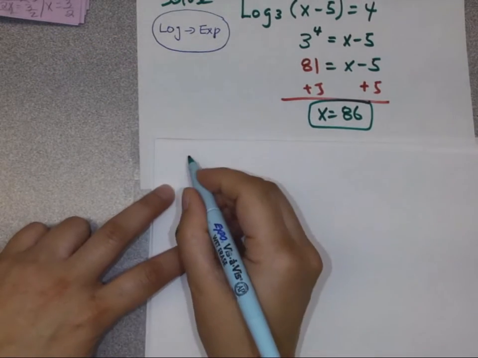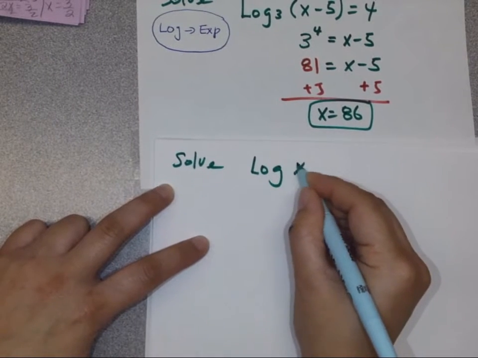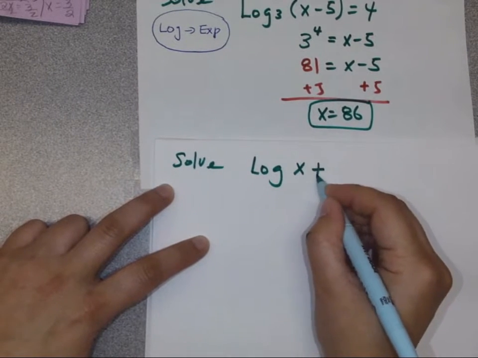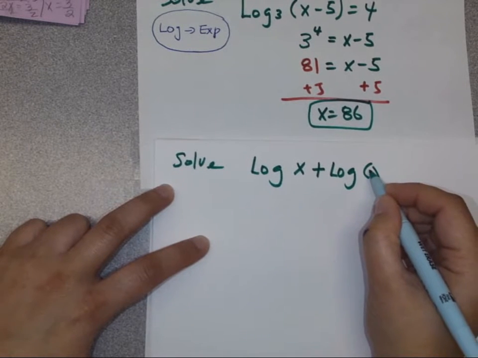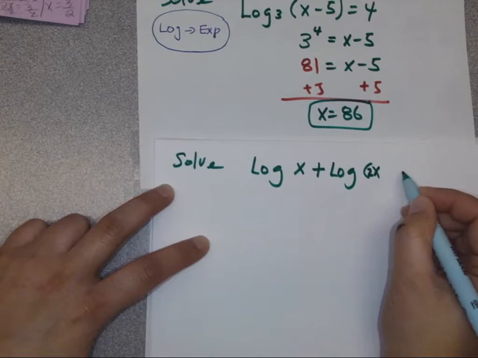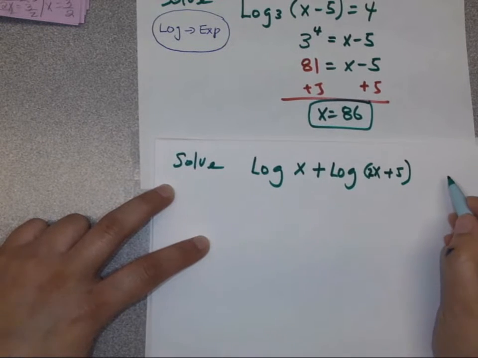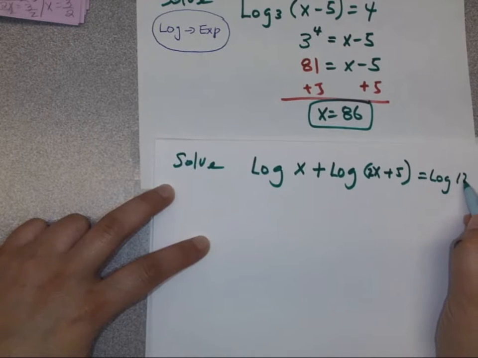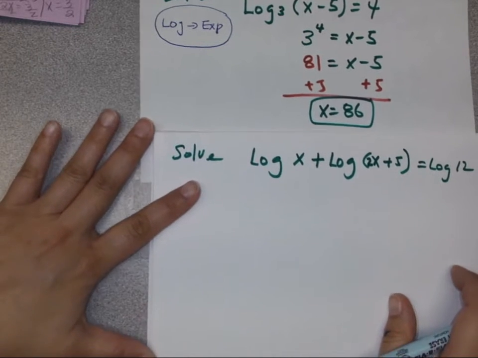All right, there's another log question. It asks you to solve log base 10 of x plus log base 10 of 2x plus 5 equal to log 12. Sorry about that. So again, if you don't see a base, it means base what? 10.